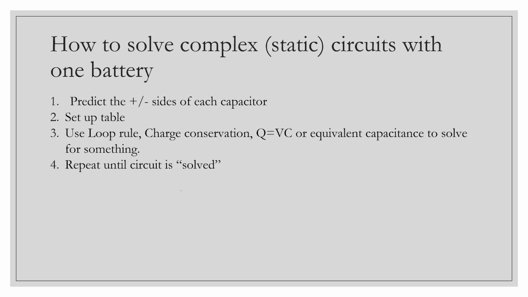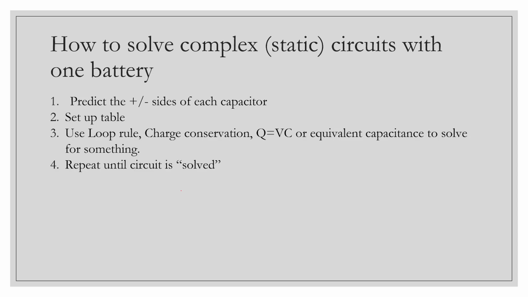This is the way I want you to think about it. When I solve a complex circuit with one battery, I'm going to first predict the positive and negative sides of each capacitor. Should be relatively easy. I'm going to set up a table, which is just an organizing tool, not actually required.